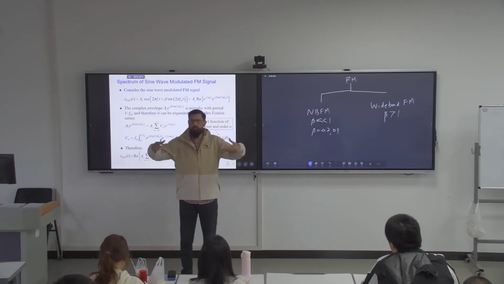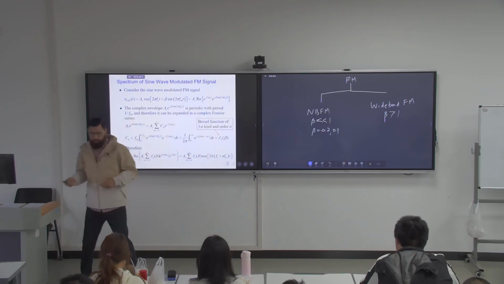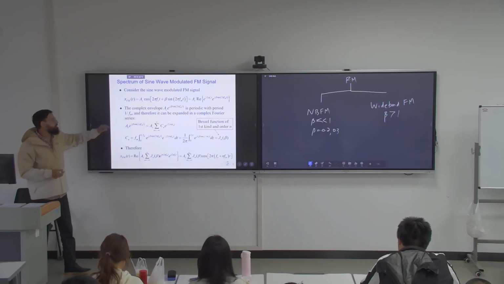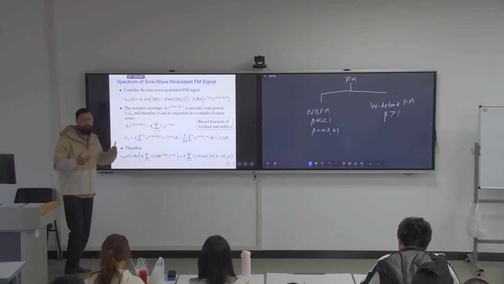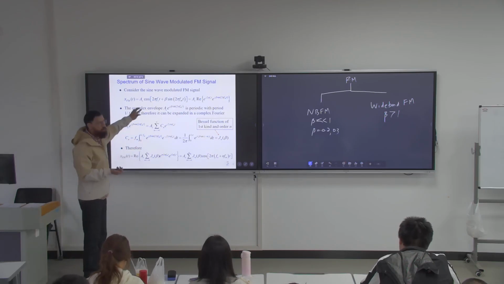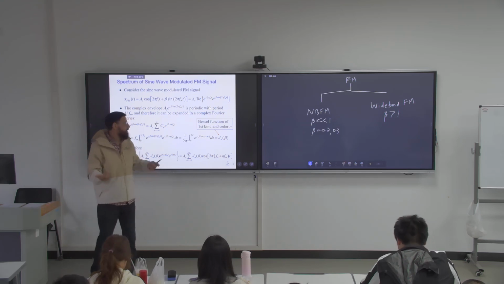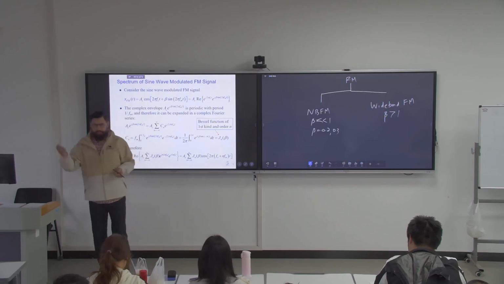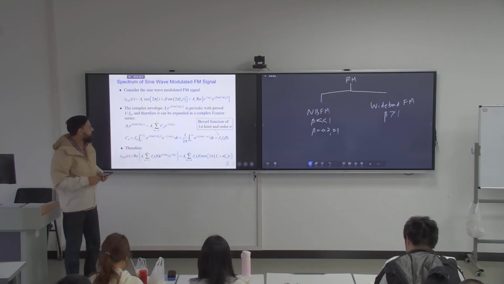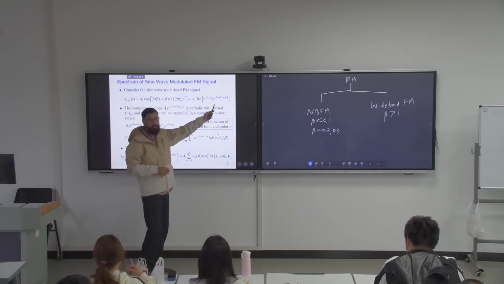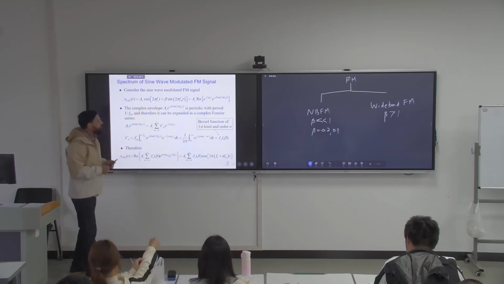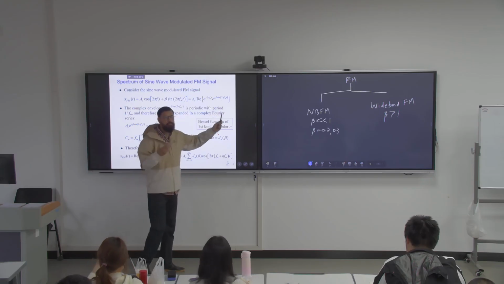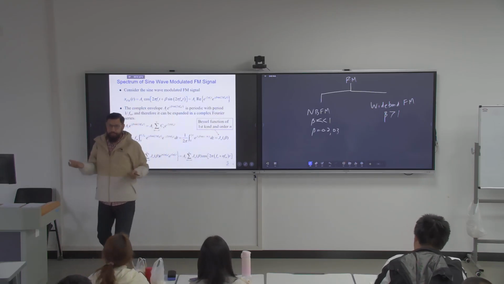Now, if I have a frequency modulated signal, I can write this signal, which is a cosine, as the real part of a complex exponential, using Euler's identity. Since this signal is periodic, I can express it as a Fourier series.